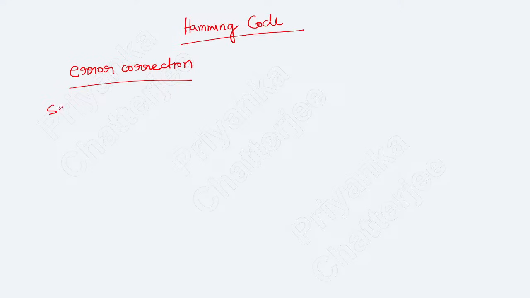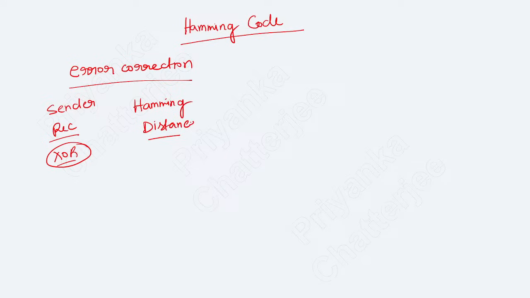It will check the sender data and the receiver data. Between the sender code and the receiver code, it does some XOR operation. After doing the XOR operation, it can get the Hamming distance. So what is that Hamming distance?